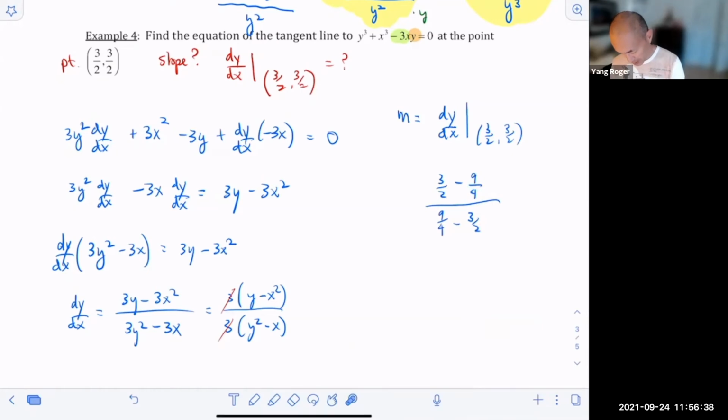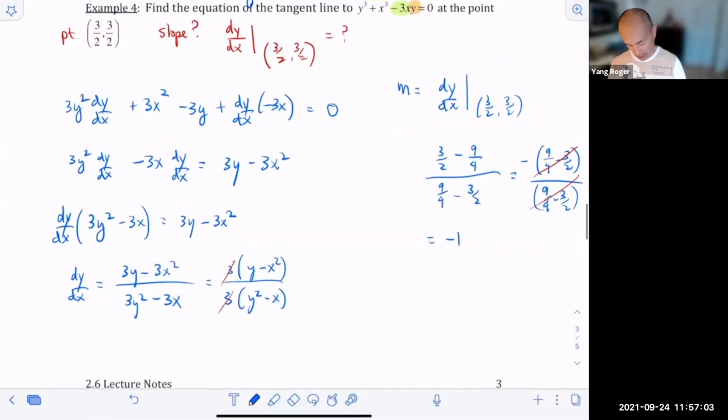So this is equal to negative (9/4 minus 3/2) divided by (9/4 minus 3/2). The top and the bottom are the same, so those cancel each other out, and you end up with a slope of negative 1.